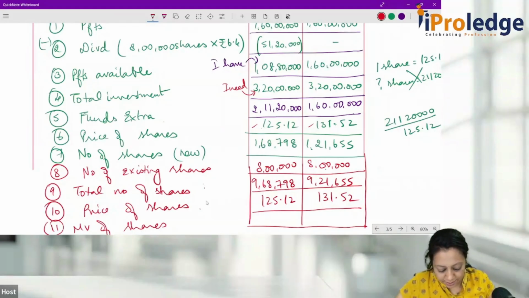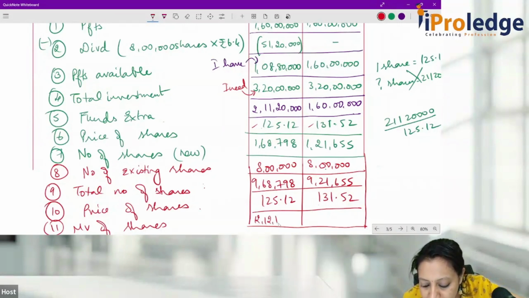So all of us, let us do it. 9 lakh 68,798 into 125.12. We are getting 12 crore, 12 lakhs 16,005.